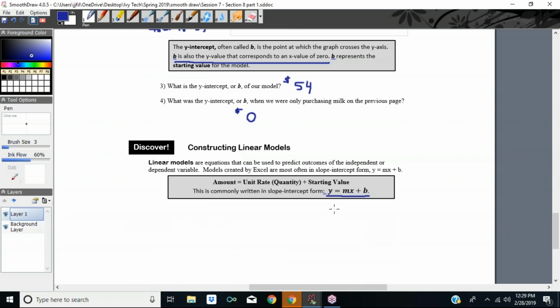So when we write a linear model, the y and the x are going to remain. The m and the b are going to be replaced with numbers. The numbers we replace them with, the m is the slope and the b is the y-intercept.